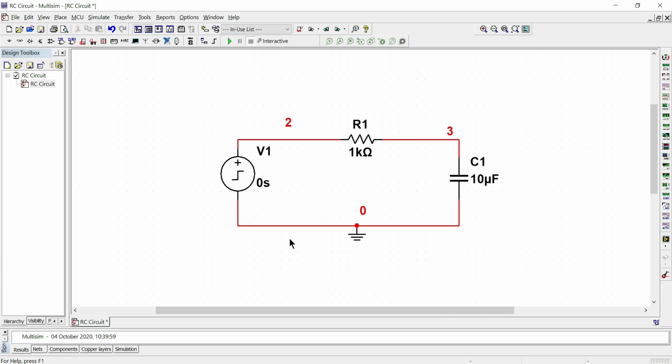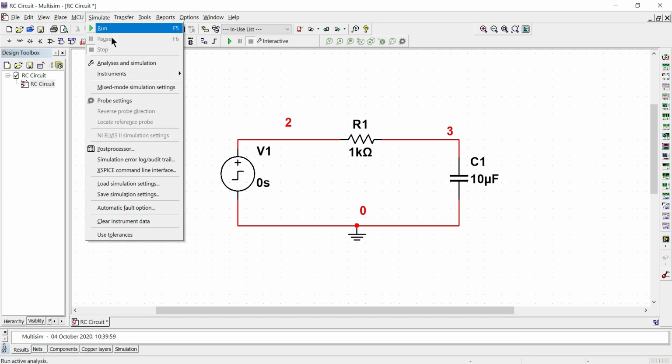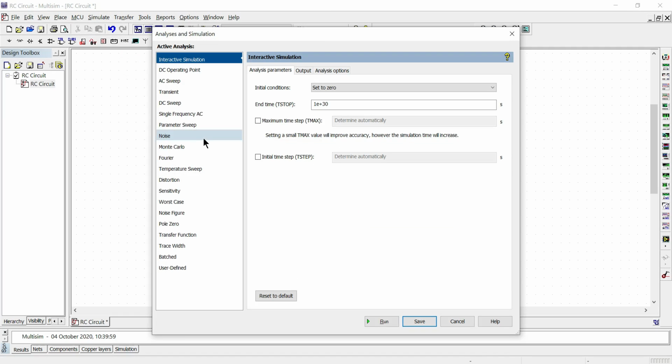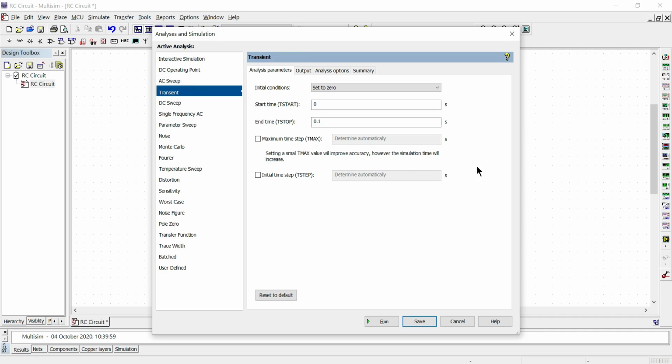For carrying out the transient analysis, go to the Simulate tab, select Analysis and Simulation. Select Transient Analysis. Let me explain how to configure Transient Analysis in Multisim. You can find 4 options for the initial condition parameter. Select Set to 0 if you want to start your analysis from 0 initial condition.